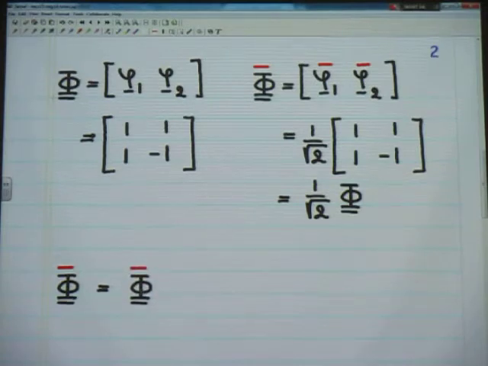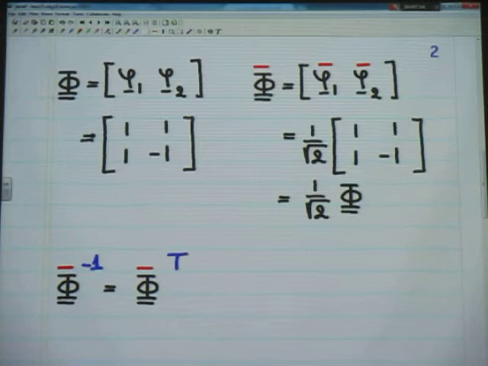What I was saying is the following. Let me use a different color so that you can see clearly the inverse. The inverse of big phi bar is its transpose.